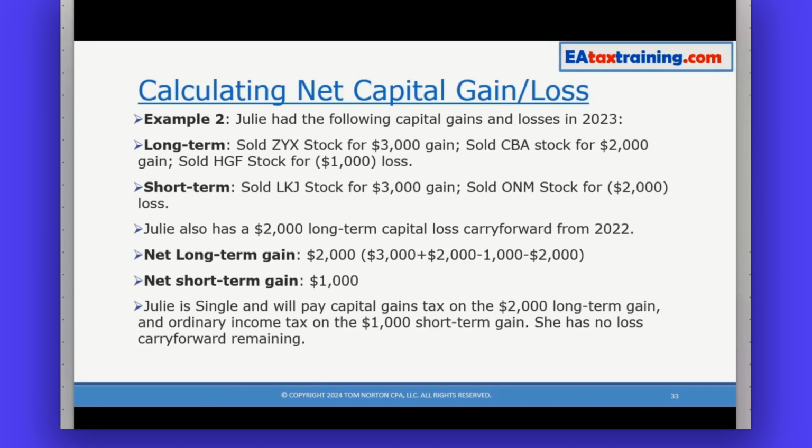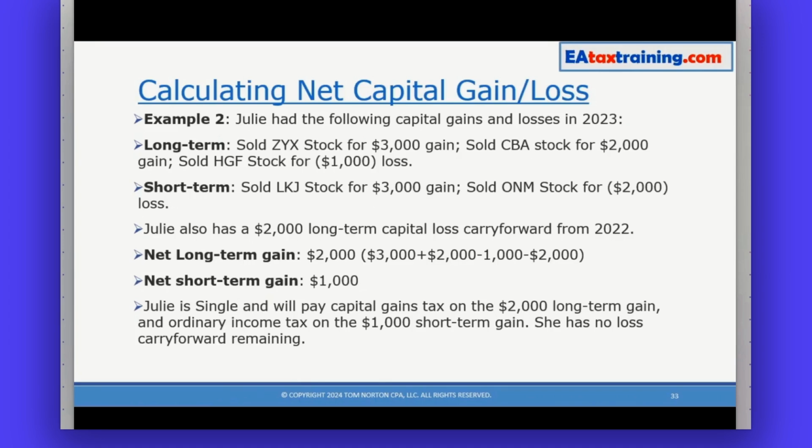So her net gain this year was $4,000, but she's got the $2,000 long-term carryover from last year, so we subtract that. So her net long-term gain is $2,000. Her net short-term gain is the $3,000 gain minus the $2,000 loss for a $1,000 net short-term gain.